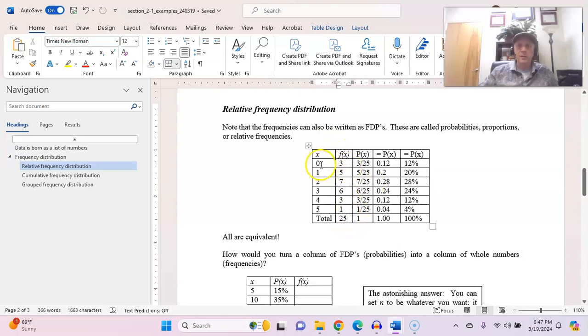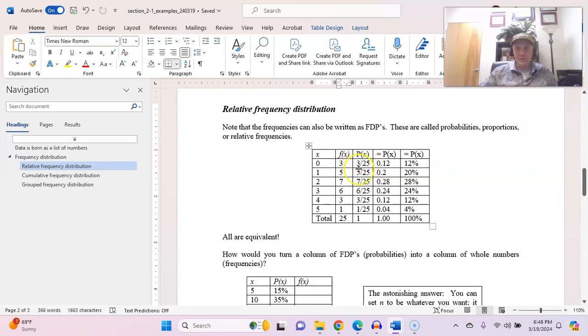So if we look at the families that have 0 children, there are 3 of those families out of the 25 families in the whole list. 3 out of 25 of the families have 0 children. So the percentage or the fraction of families that have 0 children is 3 out of 25.